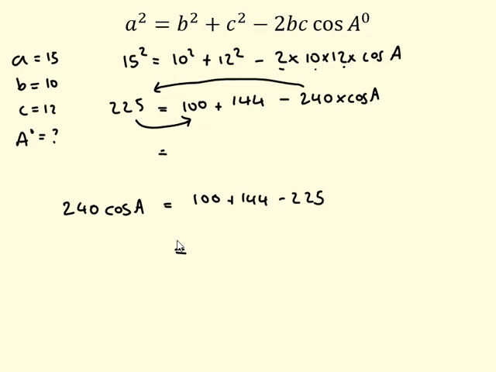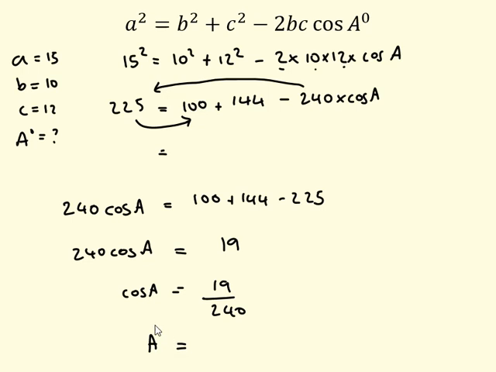So 100 plus 144, take away 225, that's 19. And then this is 240 cos A. Now, I'm going to get the cos A on its own, so I have to take the 19 and divide it by 240. So 19 divided by 240 is going to be a horrible decimal.